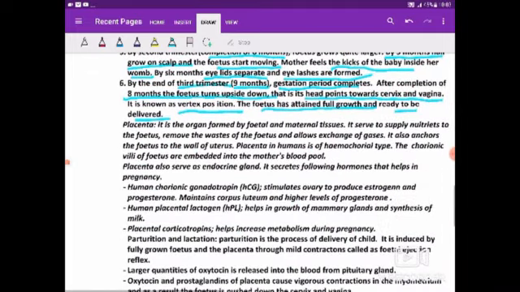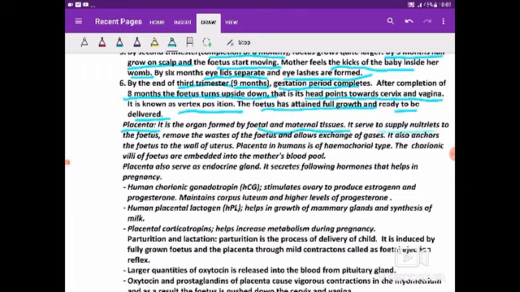Now let us know about the placenta and its structure and function. Already we have discussed with the help of the diagram of the hemochorial placenta of human beings. Let's now look into these points quickly. It is the organ formed by fetal and maternal tissues.